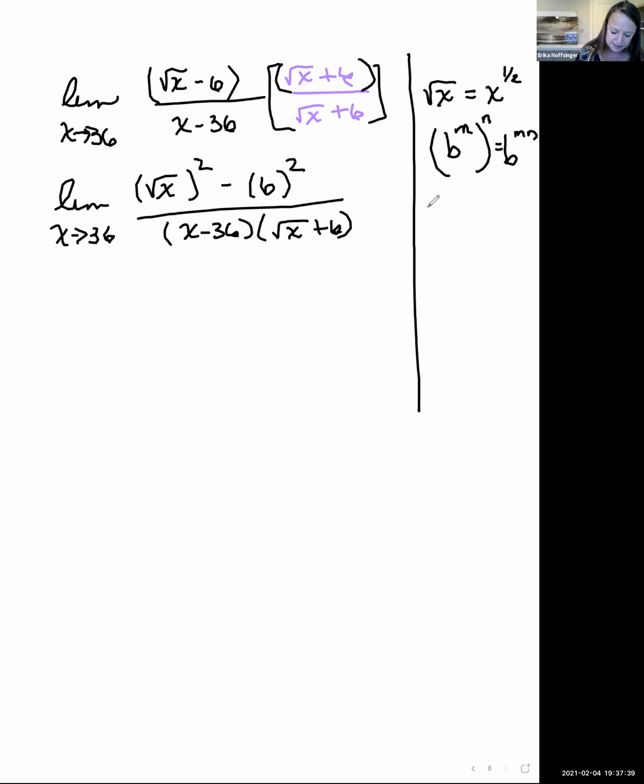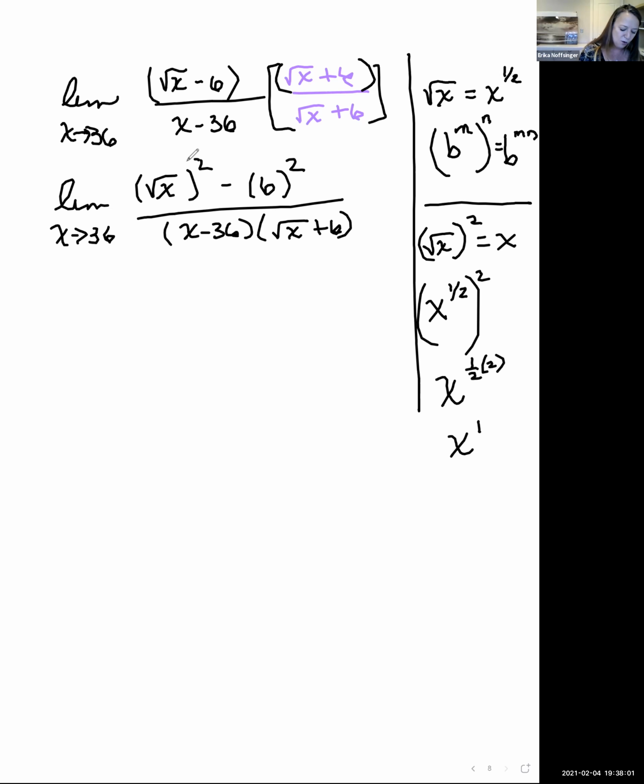And so basically the reasoning behind that, the square root of x quantity squared equals x, is because this is really x to the 1/2 power, right? Square that. This is x to the 1/2 times 2 power, which is x to the first.